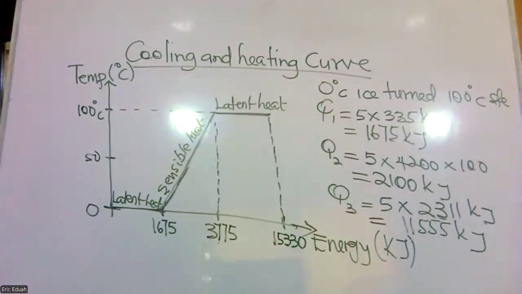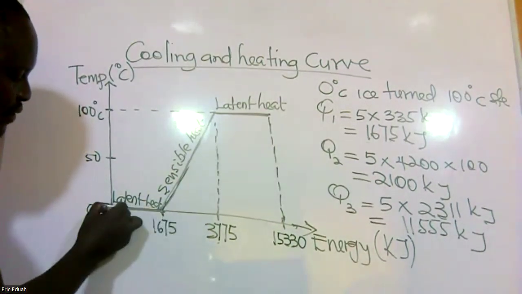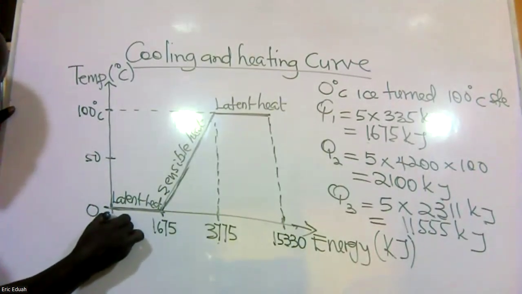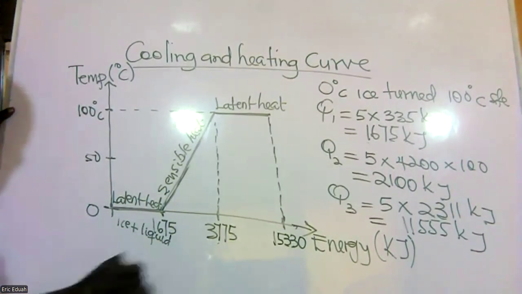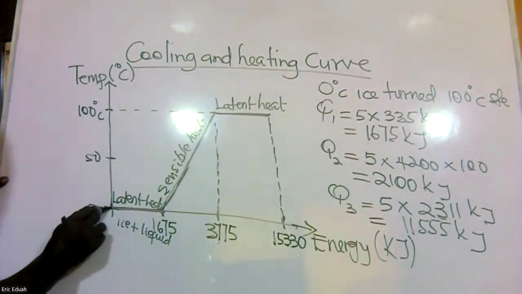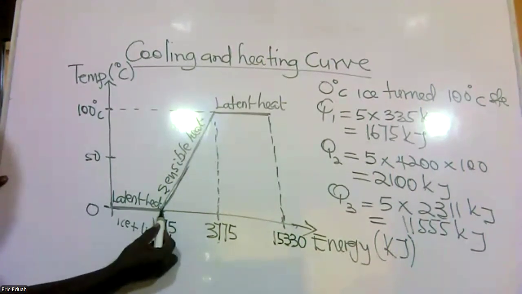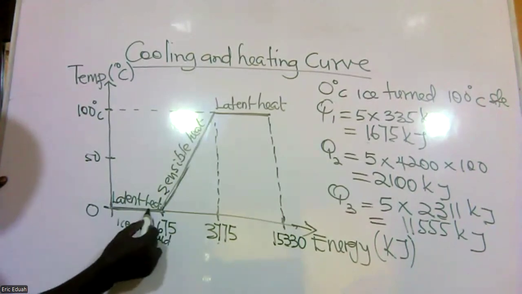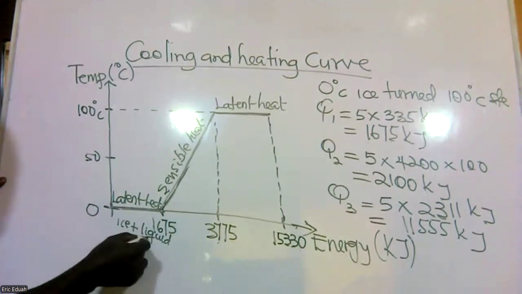Over here we have ice plus liquid in existence, because change of state starts at 0, and by the time it ends, everything has turned to liquid. So over here, you certainly have ice plus liquid in equilibrium.